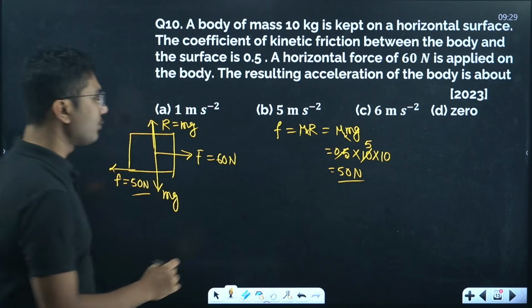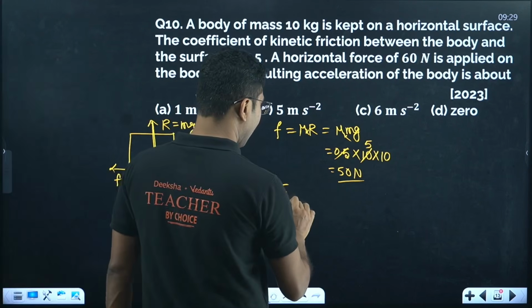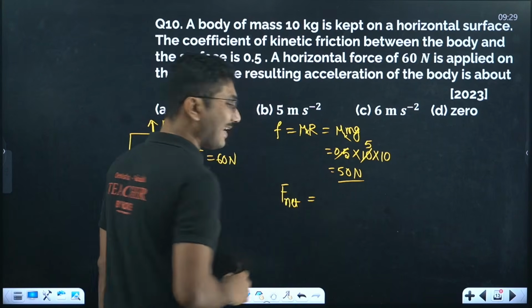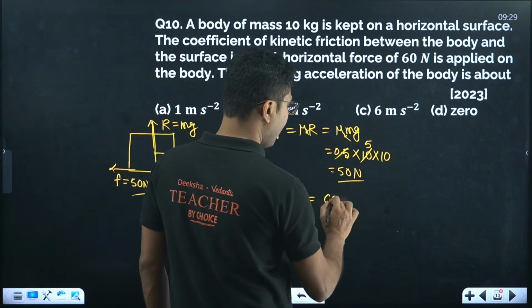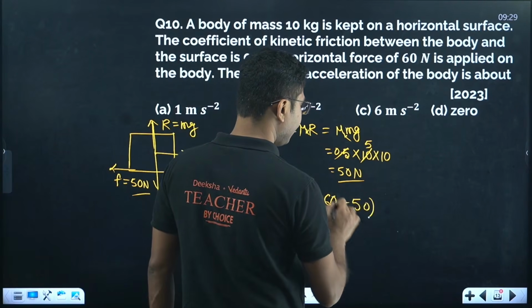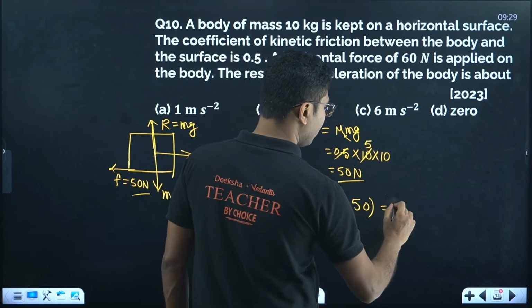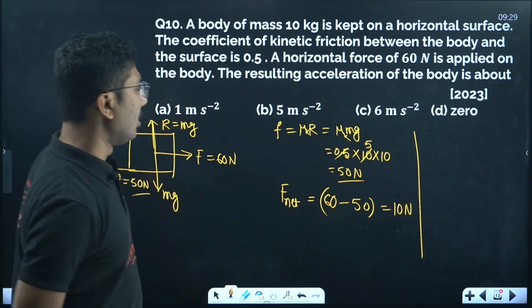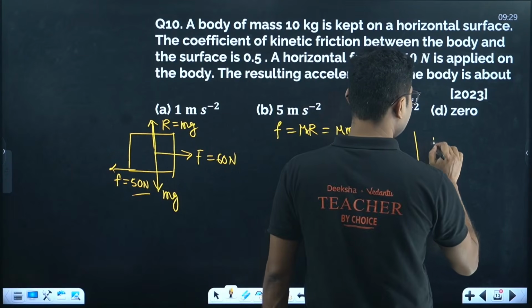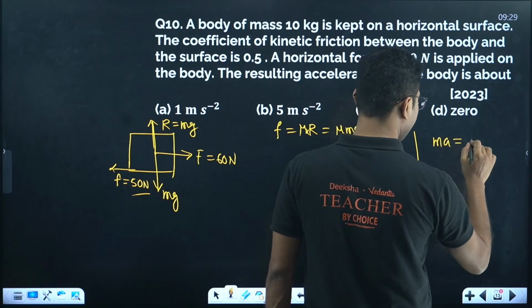So what is the net force? Remember, to calculate the acceleration you need to find the net force. Net force is the applied force minus the force of friction, which is trying to drag it back. So the total net force will be 10 Newton. Now you use Newton's law, that is ma equals 10 Newton.